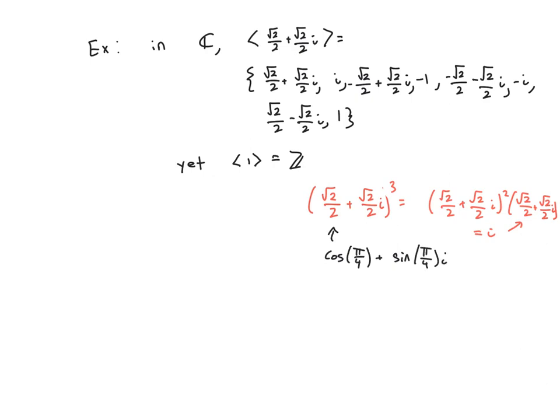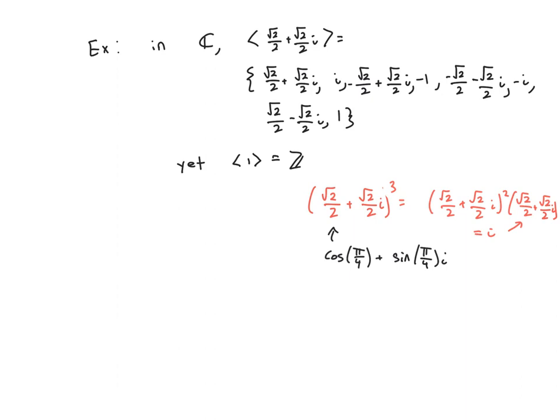So these are just the xy coordinates, cosine and sine, of standard angles pi over 4, pi over 2, 3 pi over 4, pi, and so on and so forth, all the way till 2 pi. So this cyclic subgroup generated by this element is this set of 8 elements. They are the 8 vertices of a regular octagon. And we see that they are a finite subgroup.